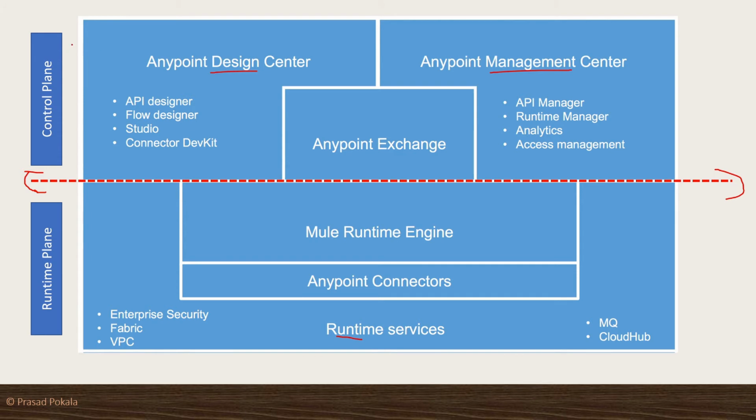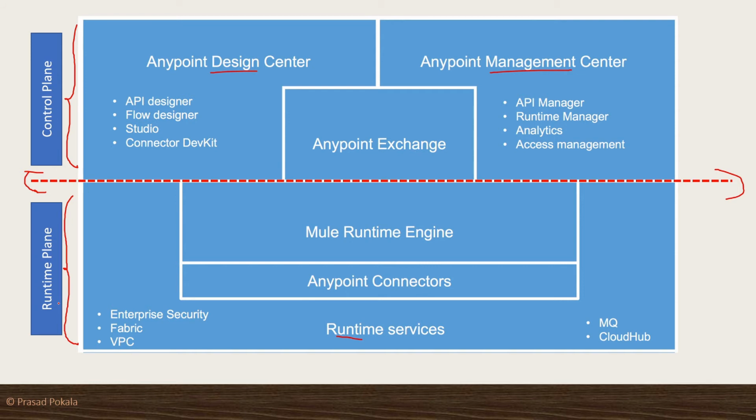In this diagram, the upper part falls under the control plane: the management center, design center, exchange and all. Whereas the lower part, which is the runtime services, VPC, Fabric, Anypoint MQ and connectors, are all under the runtime plane because they are linked to the execution of Mule applications.